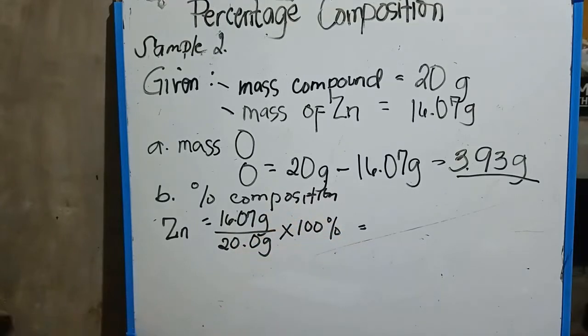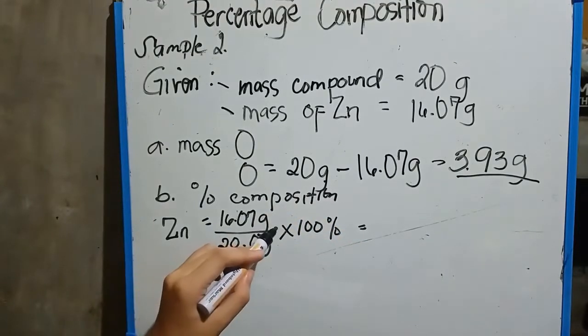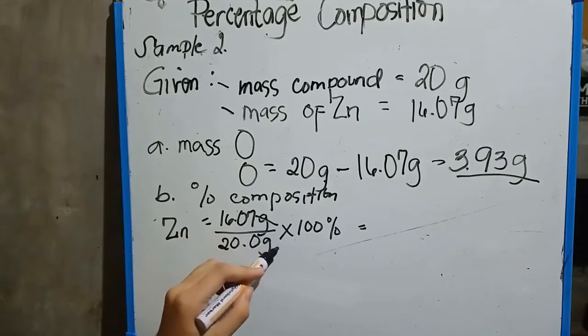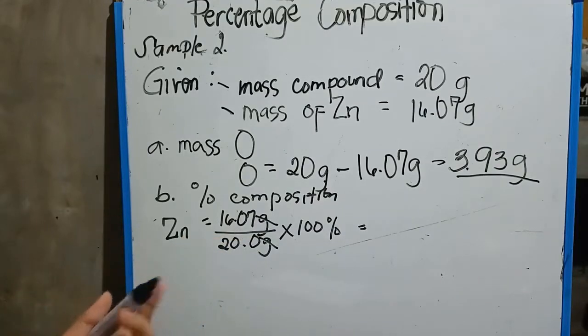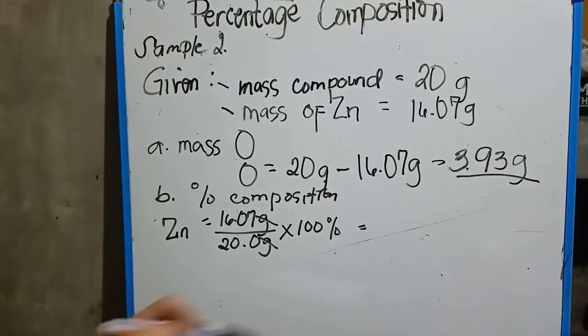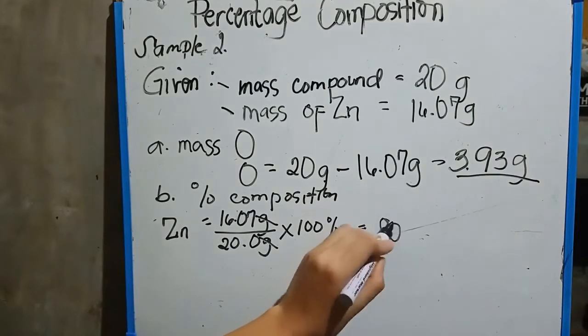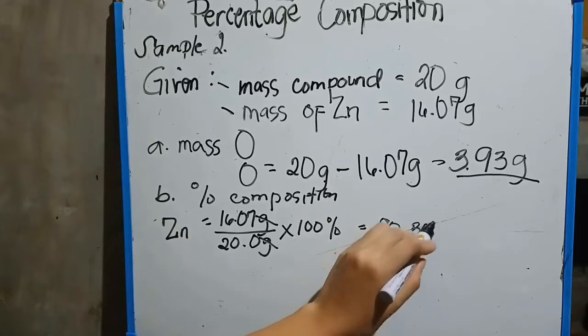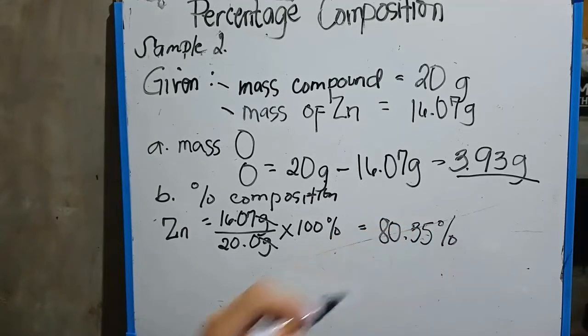Just like example number 1, we need to omit the like units. So 16.07 divided by 20 multiplied by 100. The grams cancel out. So the answer is 80.35%.